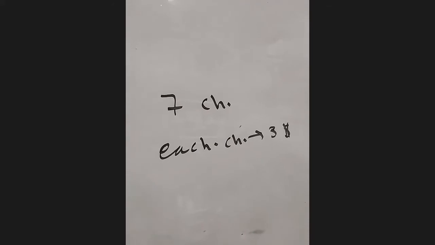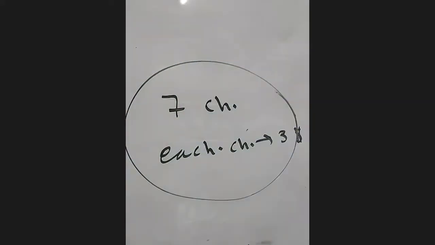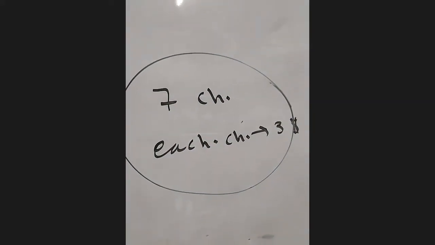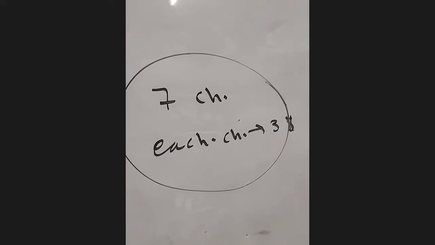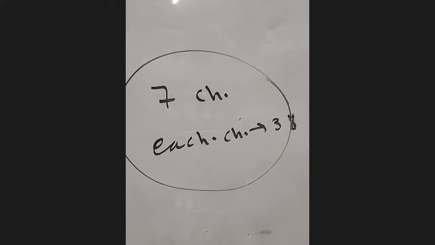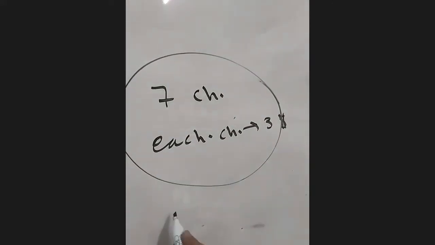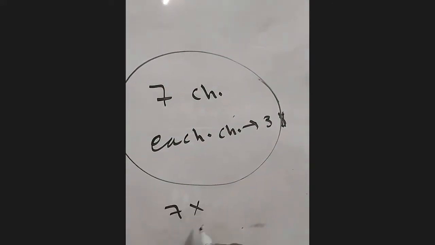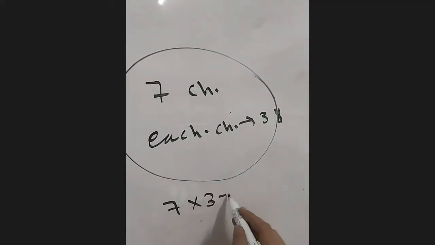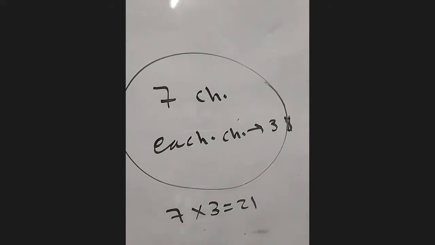What is the total cost here? How much money will you pay? It's 3 multiply 7, which is 21. So to find the total cost, you multiply the number of chocolates by the price of each one, which is 21. So here you do multiplication, right?